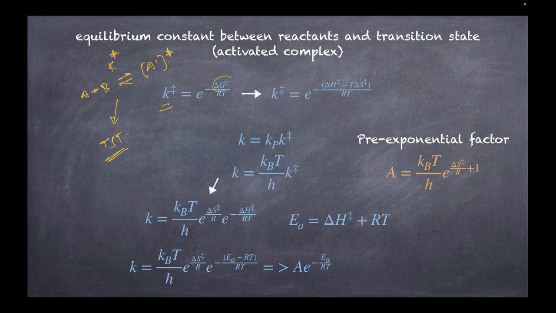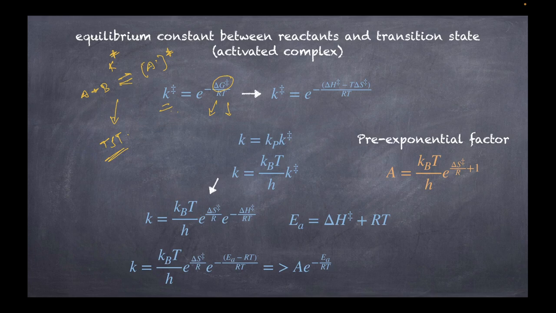Here delta G double dagger is the free energy of activation, that means the difference of free energy of the activated complex AB double dagger minus the reactant molecules. R is the universal gas constant, and T is the absolute temperature at which the reaction is happening.